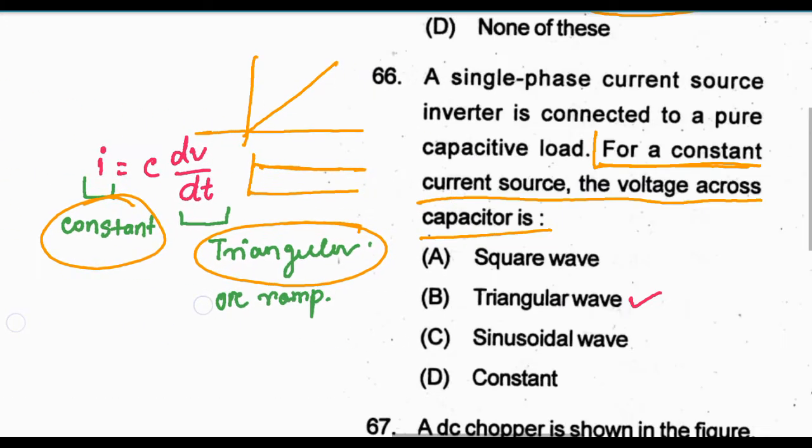So here we can say that the voltage is triangular, or the integration of a unit step or the step function is the triangular one. V is equal to 1 by C integration of I dt.